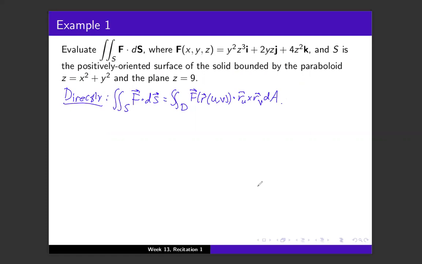Now, it wouldn't be that hard to do in this case, but the only thing you have to be careful of is the orientation, because in this case the orientation of the graph is going to be downward.